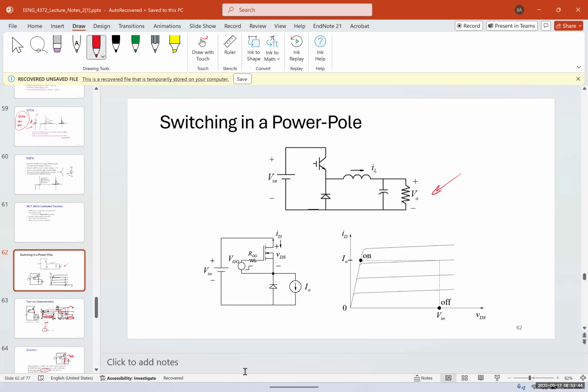And again, we can see the on and off switch and the active region: when we give a small voltage to its gate, we can control the ID current. So this is a more sophisticated version of the first one, the previous one that we saw.